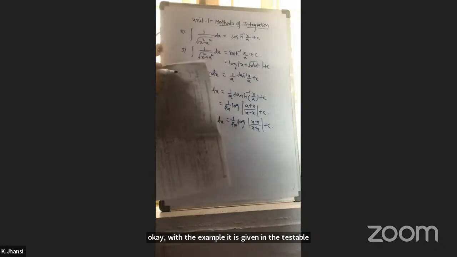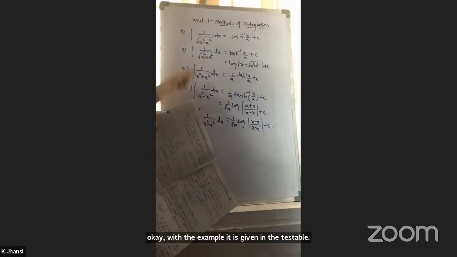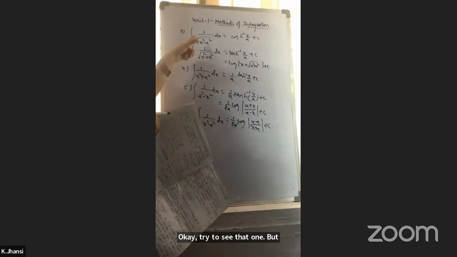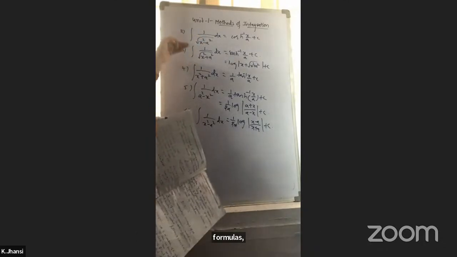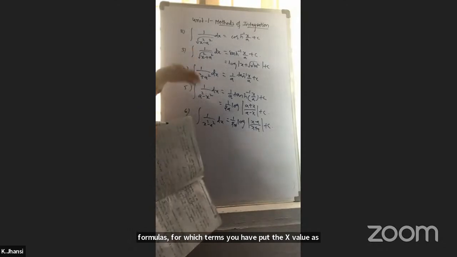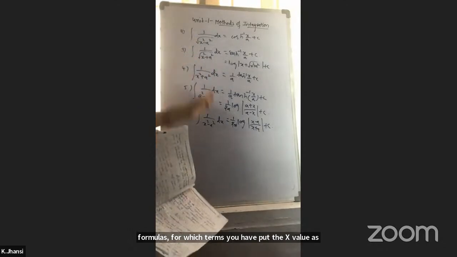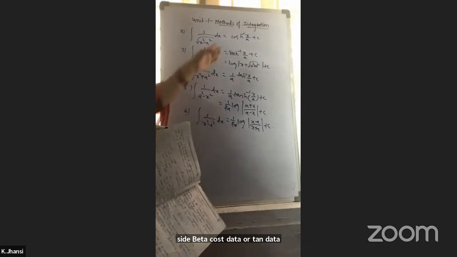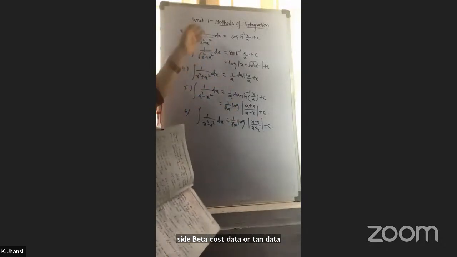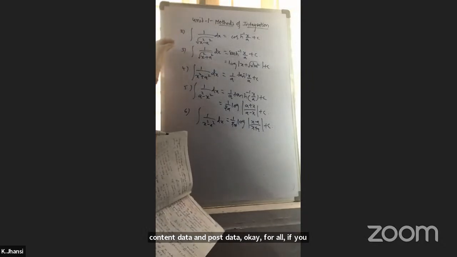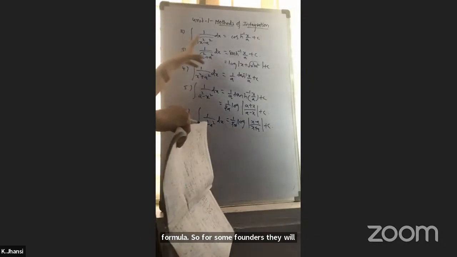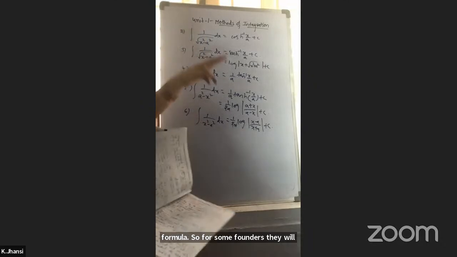But for solving these formulas, you have to put x as sin theta, cos theta, tan theta, cot theta, secant theta or cosecant theta. If you substitute sin theta only, you will not get all these answers. So it will vary for each and every formula. For some formulas, you substitute only x equals sin theta or cos theta.